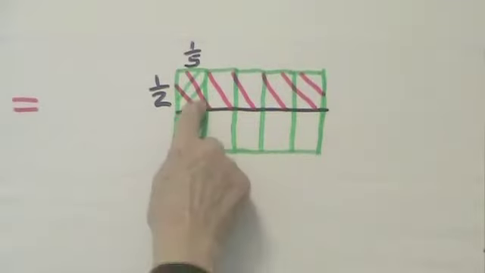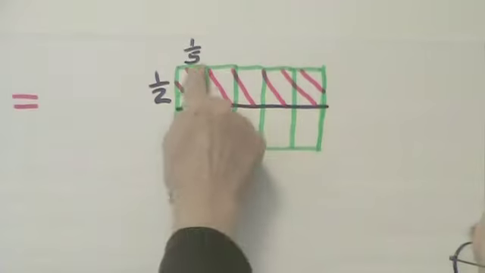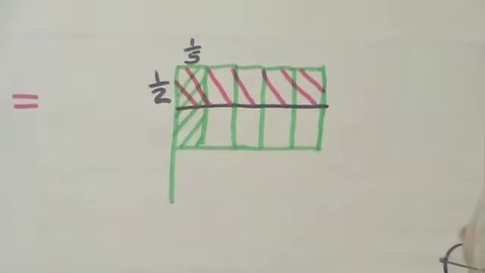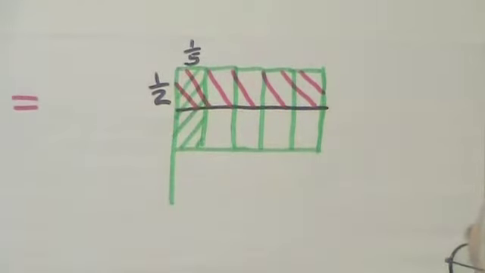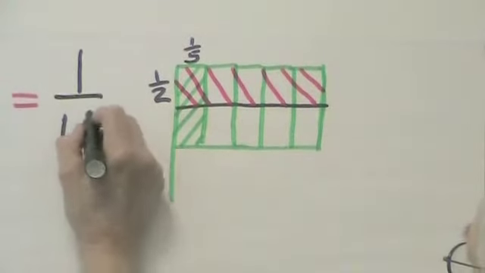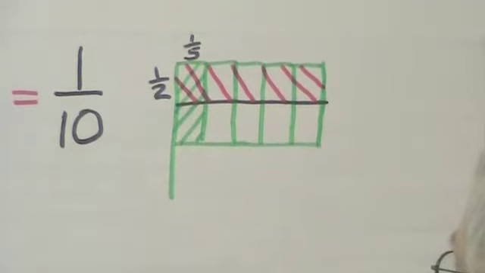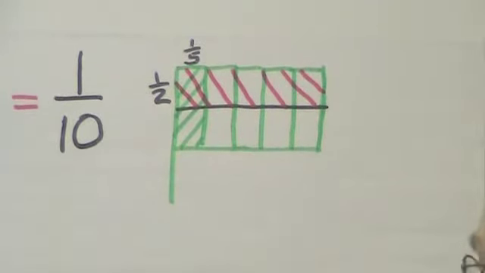So where they overlap is, here's the 1/5, and I took half of it, so it's this space right there, which is 1/10. A half of a fifth is a tenth. 1 out of 10 equal pieces, right?